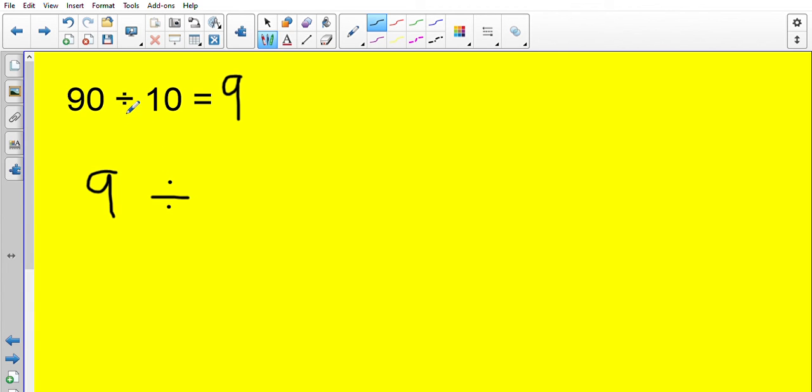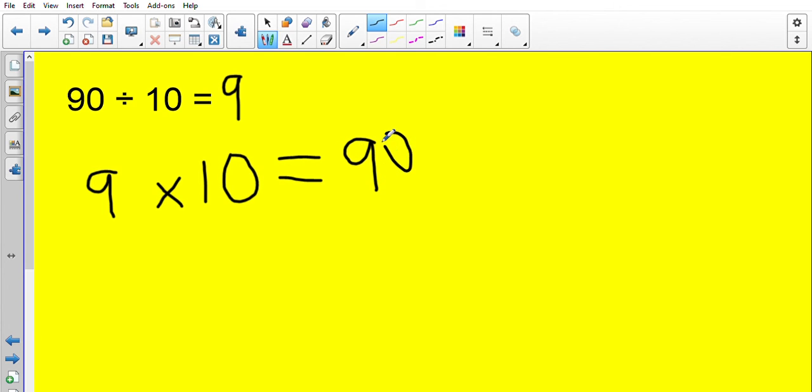I've got a divide here already. So what should the sign be? Yep, you're right. It's times. Oh my goodness. I'm glad it's Friday today. I'm getting silly and forgetful. 9 times 10 equals 90. Fantastic. Another one where we've used the inverse to check the answer.